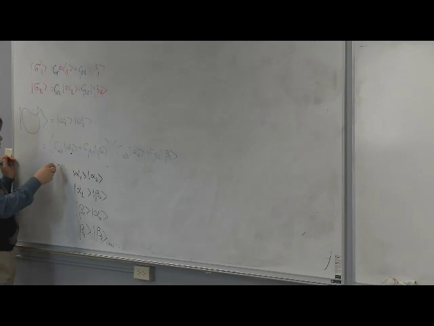And in general, if we want to allow interaction, instead of products of these one-electron orbitals, one-electron states, we can just add coefficients in front of each basis state.